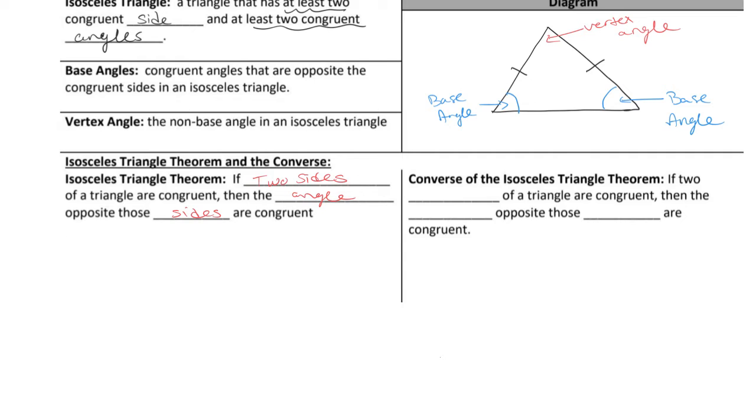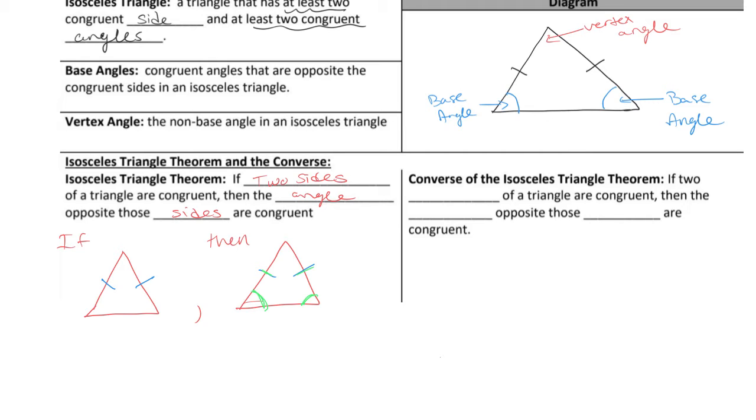What does that mean? We have an if-then statement. It says if two sides, say this side and this side, are congruent, then the two angles opposite the sides, so opposite of this one right here is here, and the opposite of this side is here, those angles are congruent.